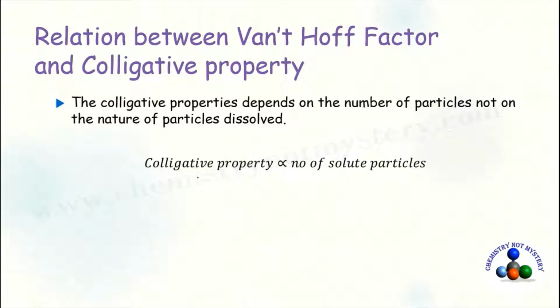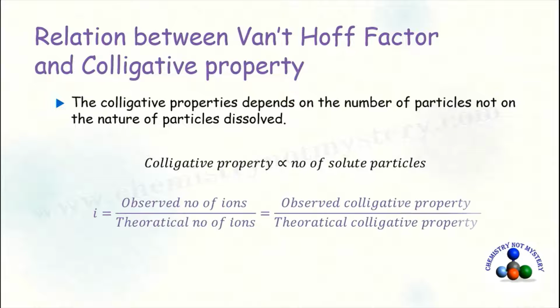As we know, colligative property is directly proportional to the number of solute particles. So the observed number of ions will be directly proportional to the observed value of colligative property, and the theoretical number of ions will represent the theoretical value of colligative property.